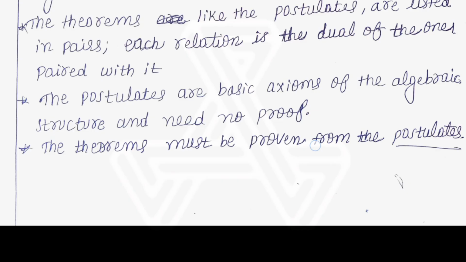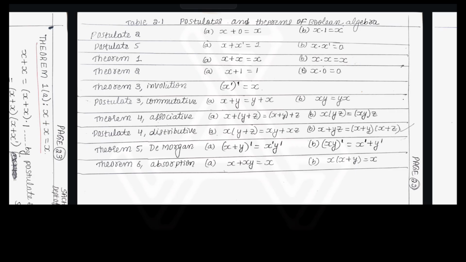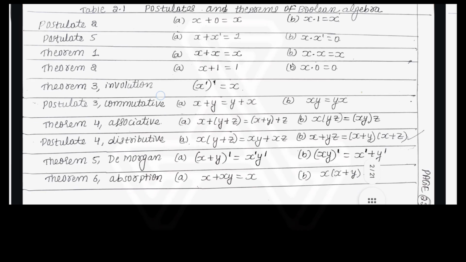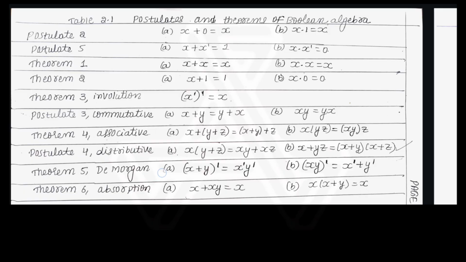Here is the table we can see: postulates and theorems of Boolean algebra. Postulate 2: x plus 0 is equal to x, and x dot 1 is equal to x. Postulate 5: x plus x dash is equal to 1, and x dot x dash is equal to 0.